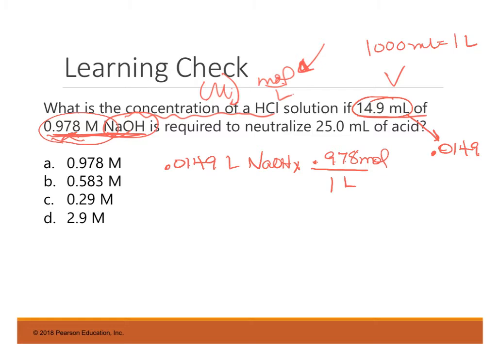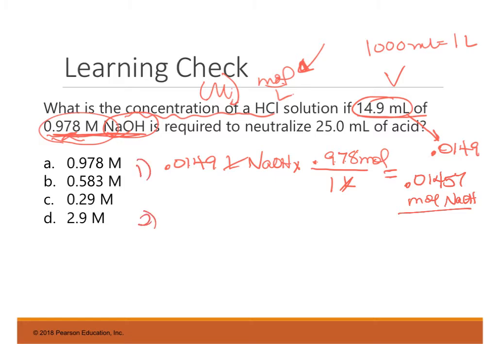Okay, so liters cancels, and at this point, I have moles of NaOH. It is 0.01457, and that is moles of NaOH. Now, you don't have to solve it in separate steps. I'm just doing it now to make it more apparent what I'm doing.